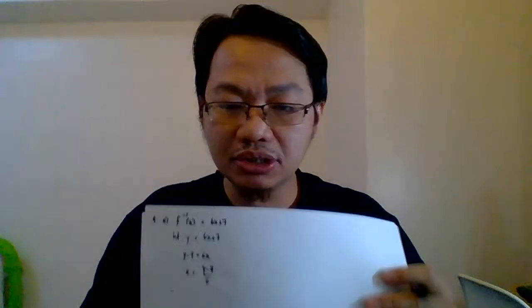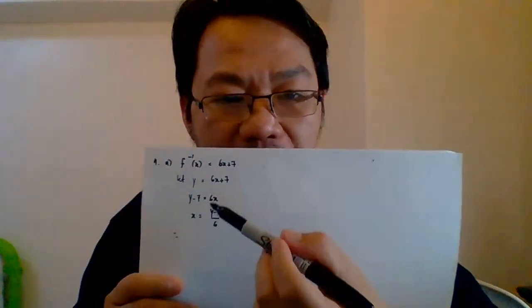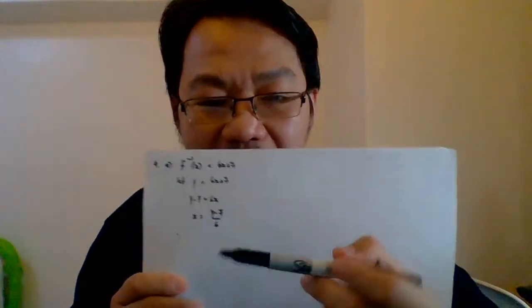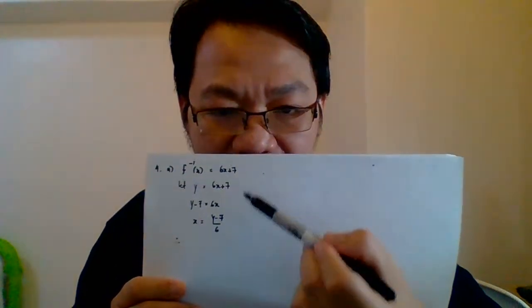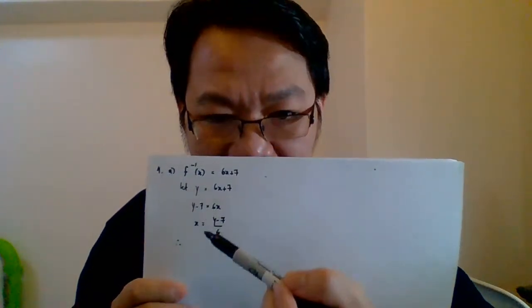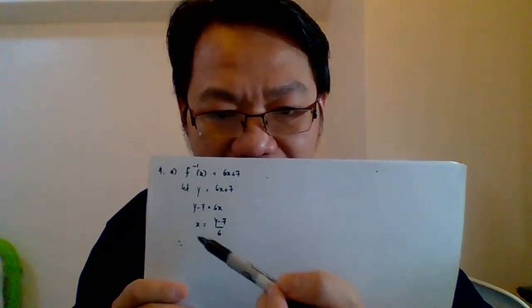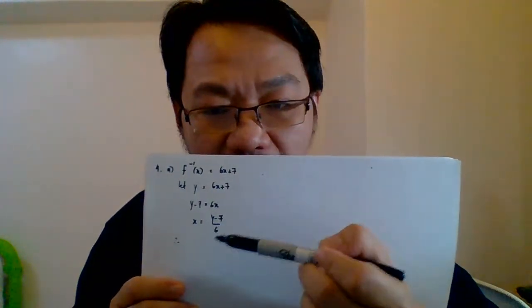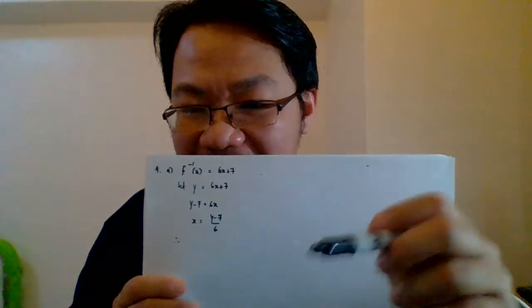It becomes minus, so x equals to y minus 7 over by 6. I move 6 to the left, it becomes over. Yes, the same answer like Alia.